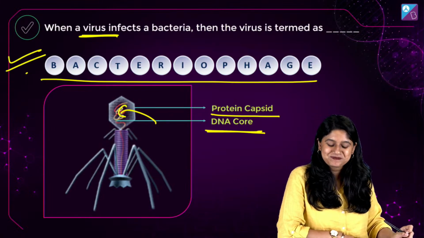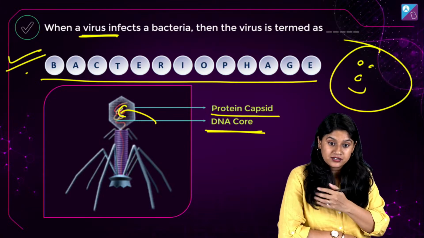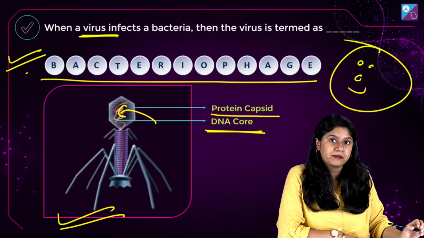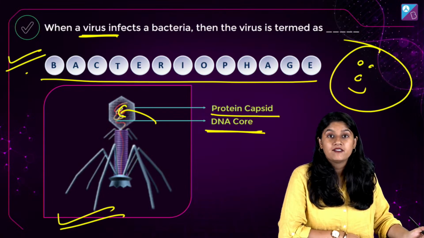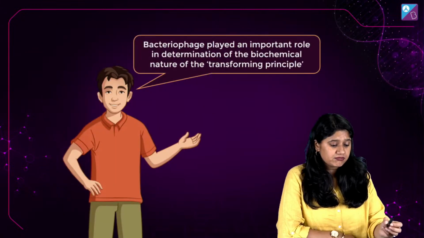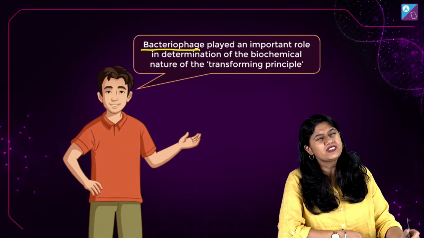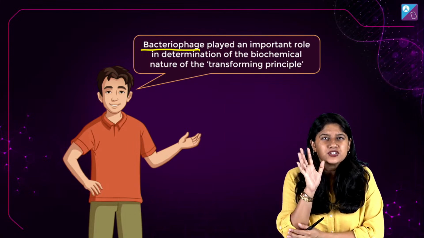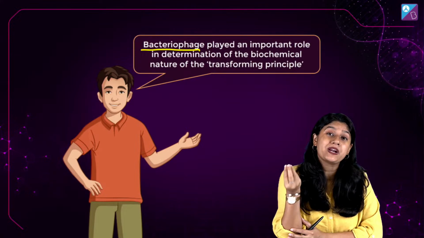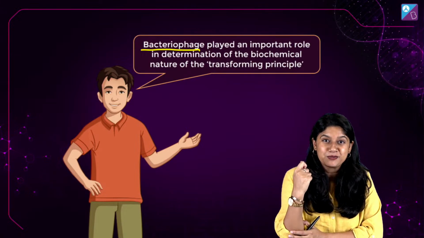So now everyone, we will understand why we are discussing bacteriophage. These tiny little organisms, we can't even call them living organisms. These bacteriophages played a very important role in discovering the genetic material, everyone.